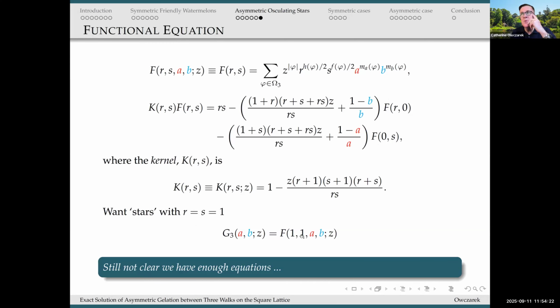So we want this function f11 of a, b, z. But it was still not clear to us that we had the same number of equations as unknowns, which was disappointing. But we thought that we were in with a chance of solving this problem. Why did we think that?